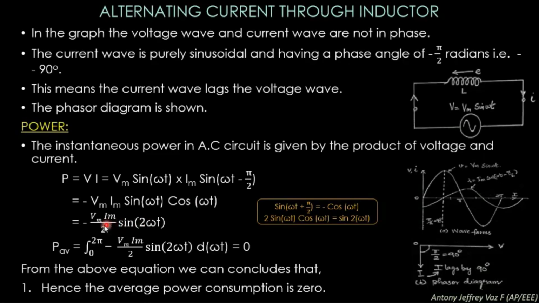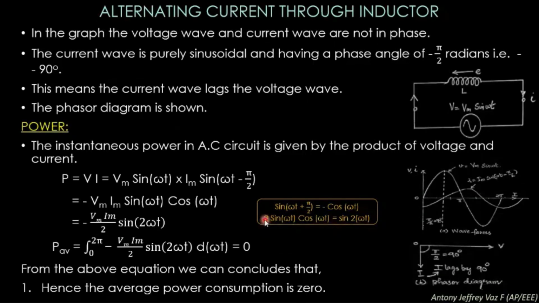After that, you get a minus symbol over here. So minus Vm Im by 2 into sine 2 omega t. How this comes is from sine omega t into cos omega t. Here the formula is 2 sine omega t cos omega t equal to sine 2 omega t.